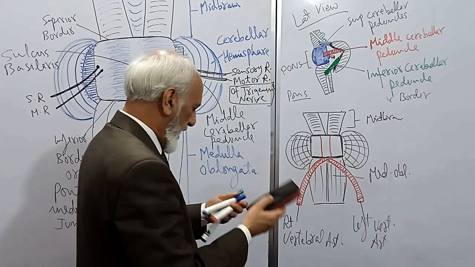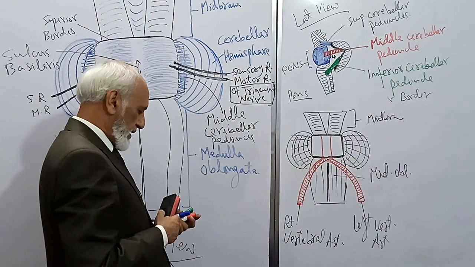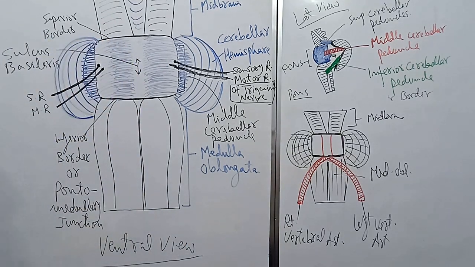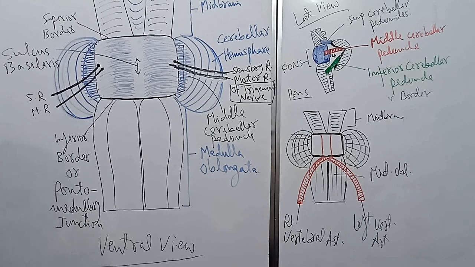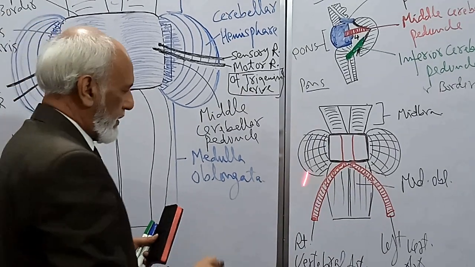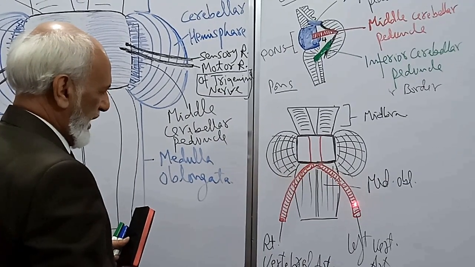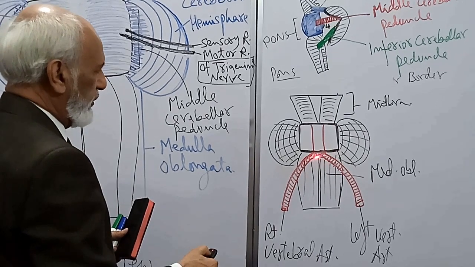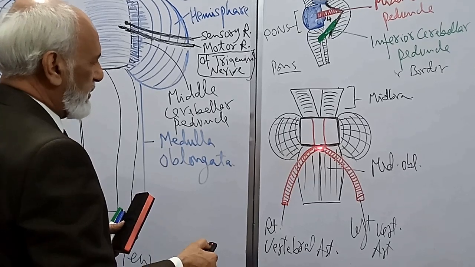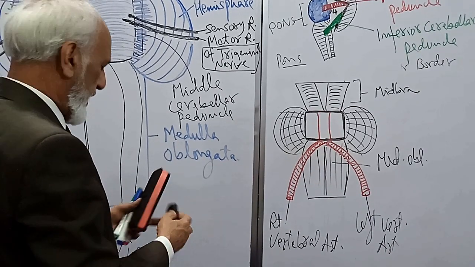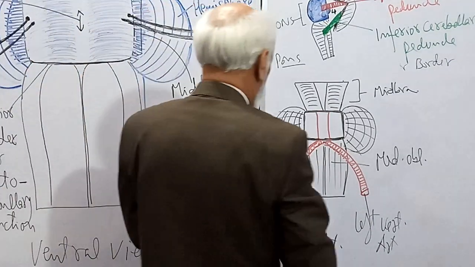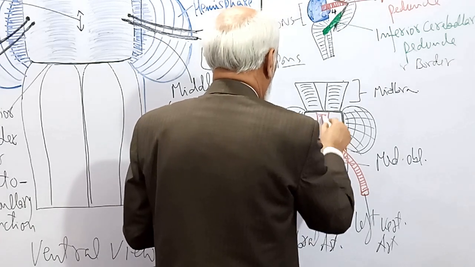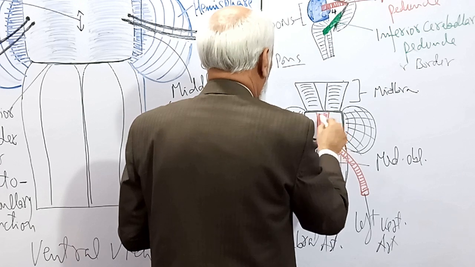Now when the right and left vertebral arteries reach the lower border of the pons, these two arteries join together to form the basilar artery at the lower border of the pons.